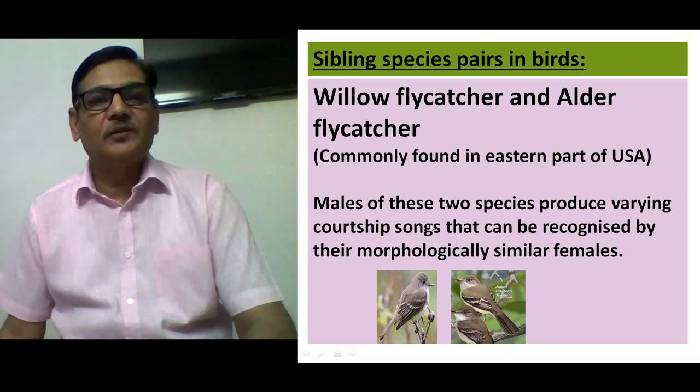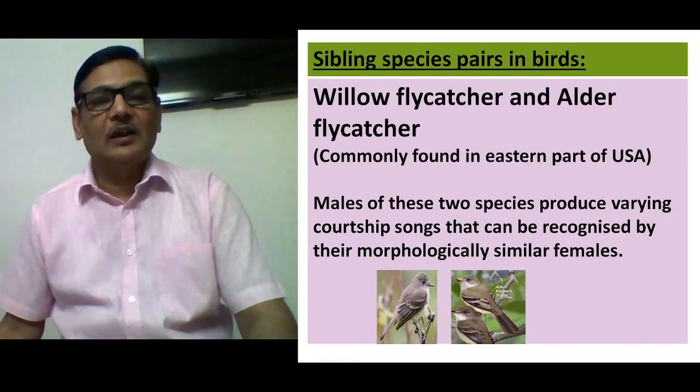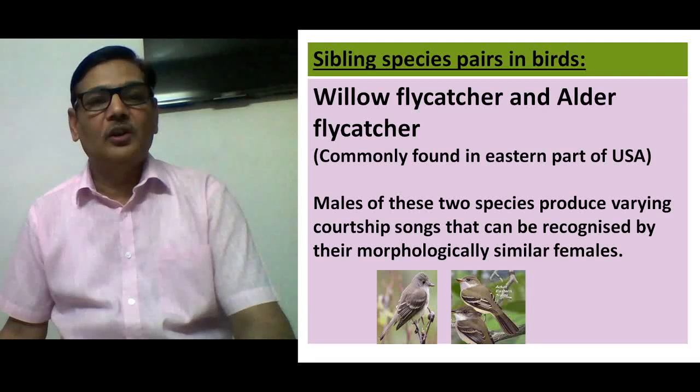But what happens is that when their males produce courtship songs, such songs can be recognized by their own females. It means females are capable of identifying males of their own type. So their females look similar, their males also look similar. As I told, at gross level, if you catch them and observe them very carefully, you may find some very subtle, very minute differences.